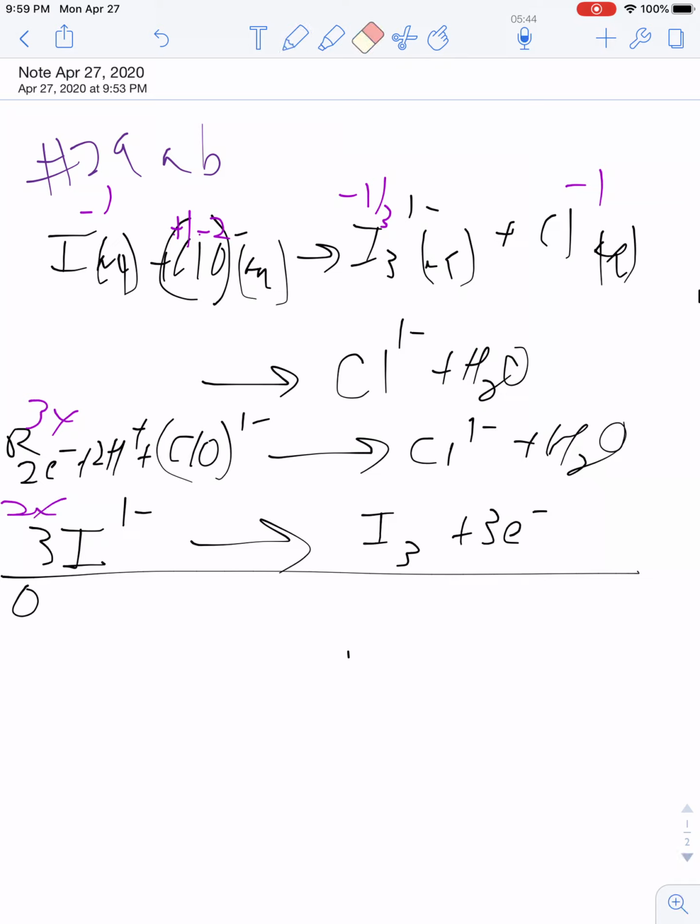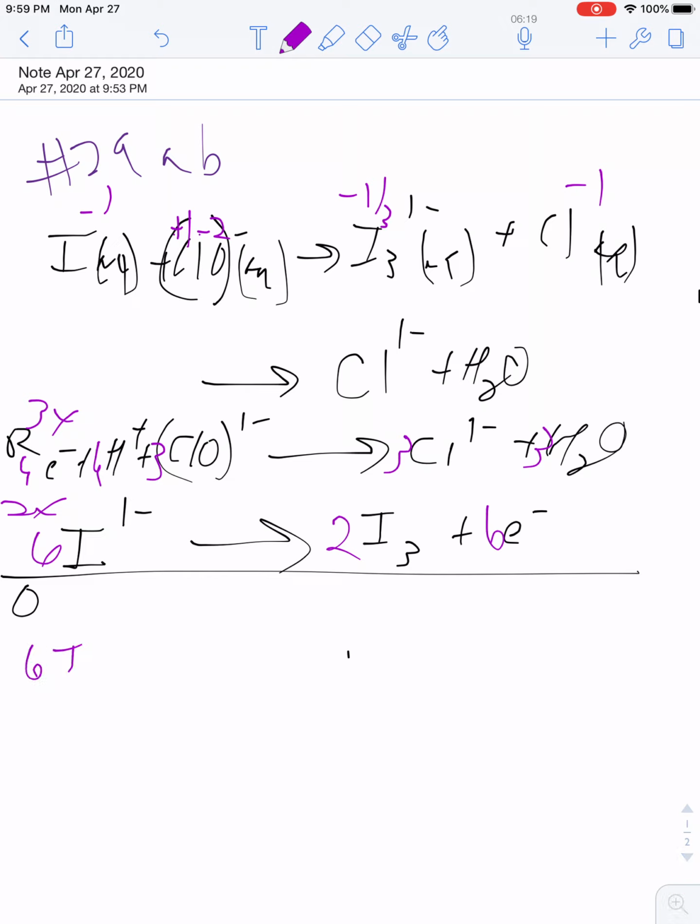So then this becomes 6, 6, 6, 3, 3, 3. Oh, I forgot to put the 2 there. All right. So now the electrons will cancel. We add up the reaction.